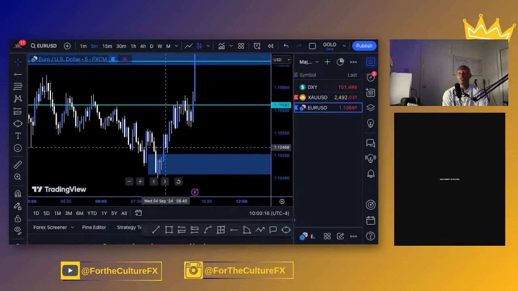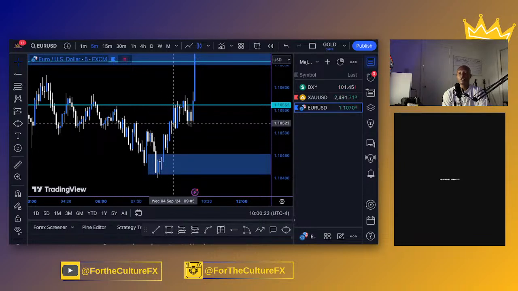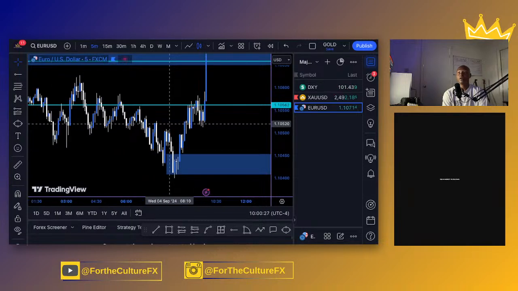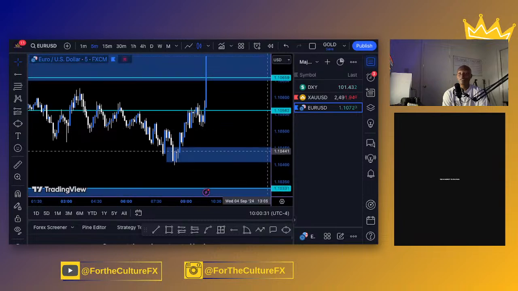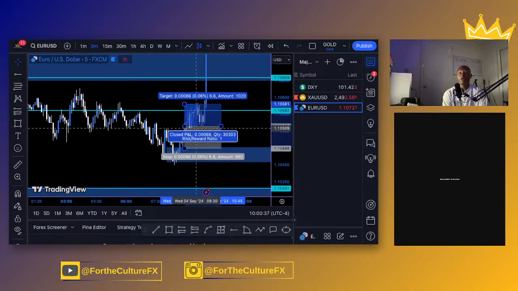So price pushes up, closes bullish on the 4-hour time frame, closes bullish here, and we start to get that breakout there. Getting in at the bottom wick here would be an area of interest. Not here, excuse me.